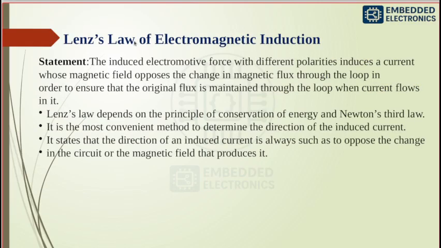And next is Lenz's law of electromagnetic induction. It states that the induced electromotive force with different polarities induces a current whose magnetic field opposes the change in magnetic flux through the loop in order to ensure that the original flux is maintained through the loop when the current flows in it.